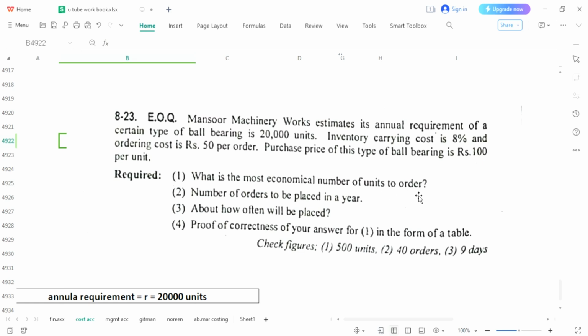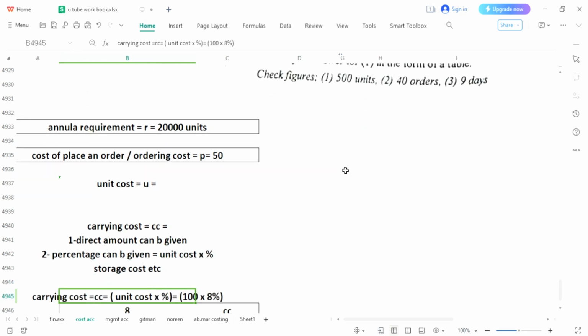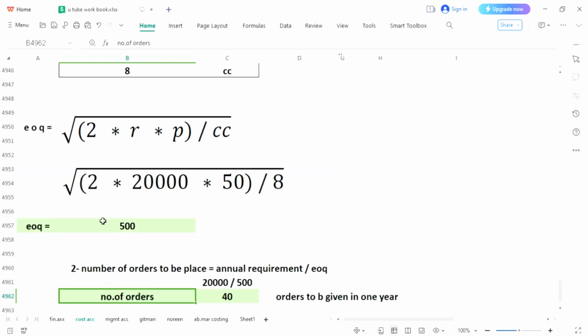Economic order quantity means the number of units with which you will get the least cost combination. That means if you give an order of number of units according to economic order quantity, you will be paying the least amount. Let's say our economic order quantity we have calculated is 500 units. As you can see, the answer is also showing we have calculated economic order quantity 500.